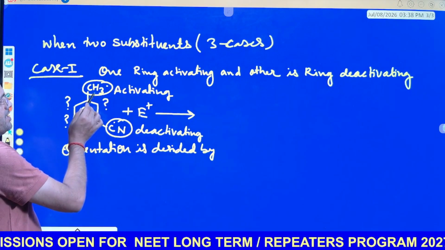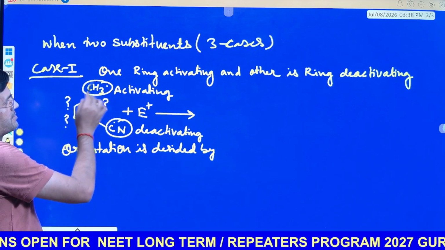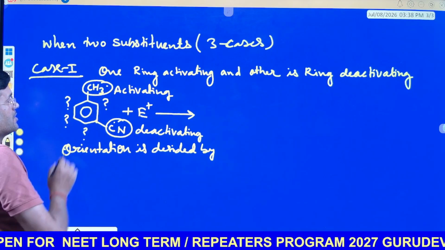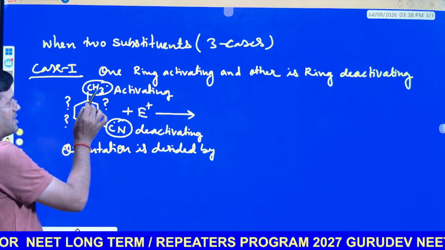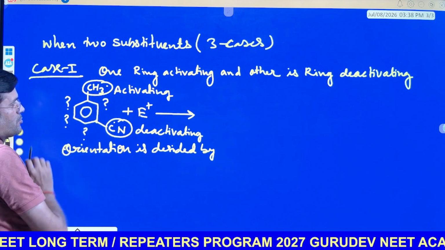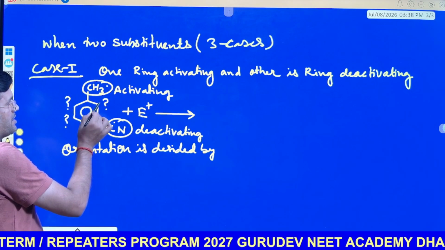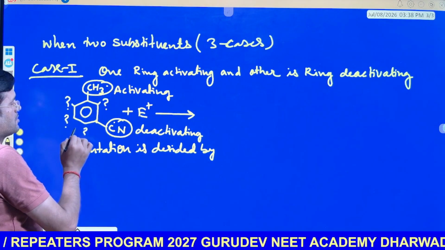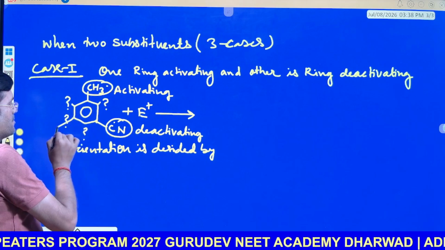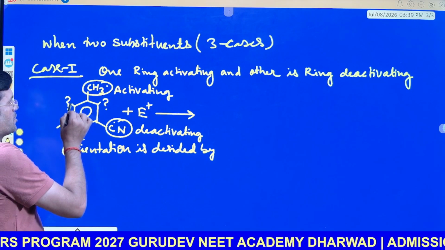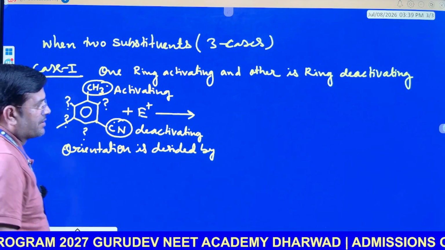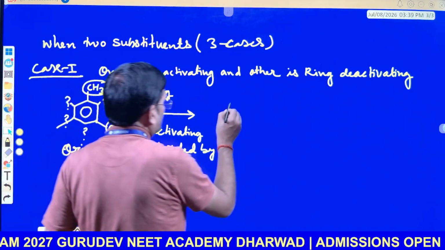So you could see this one is what? Ortho-para directing. So with respect to this one, further electrophilic substitution will take place, right? With respect to this one, this is ortho, and this one is para, right? So 3 isomers will form here.